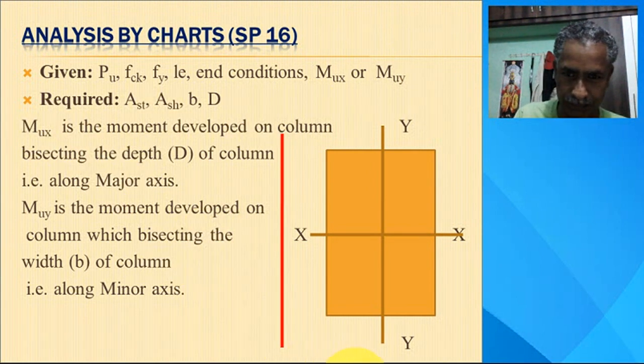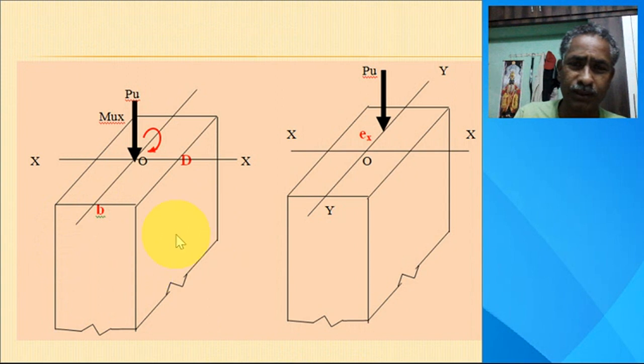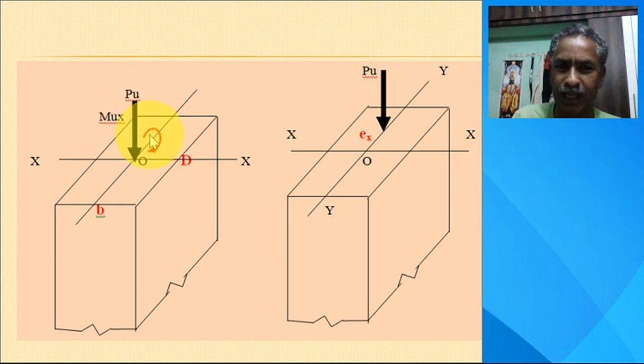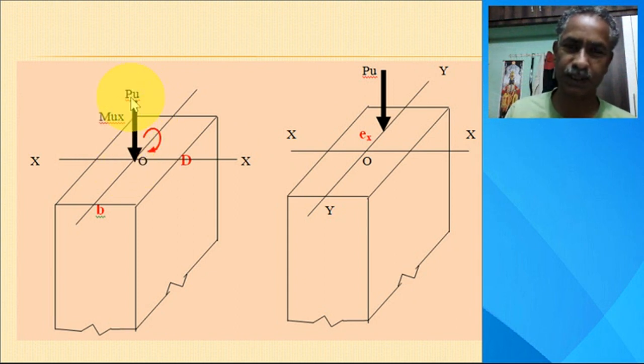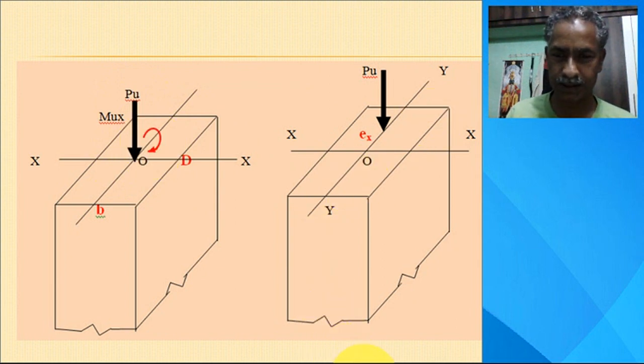Now in this case, if it is subjected to the axial load with the moment MUX, if the beam is connected in this direction, then the eccentricity is shifted somewhere here. This is Ex, and moment is equal to Pu multiplied by Ex. That gives the moment, and that's why this column is subjected to the axial load along with the moment due to the eccentricity.